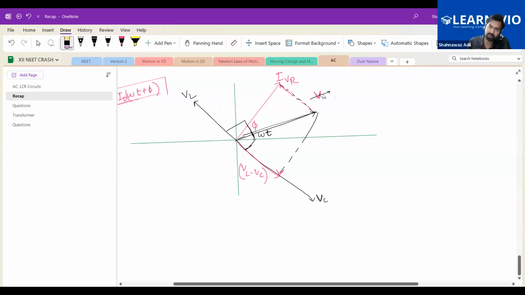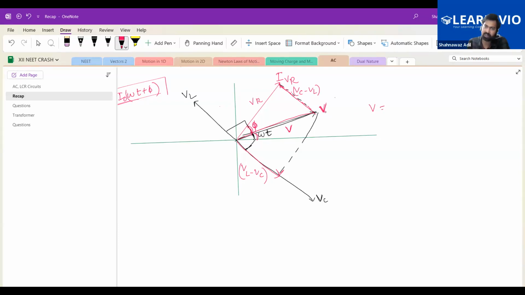This is omega t, and this is plus phi. So we know that this is phi, and this is VC minus VL, and this is VR, right? So V would be how much?